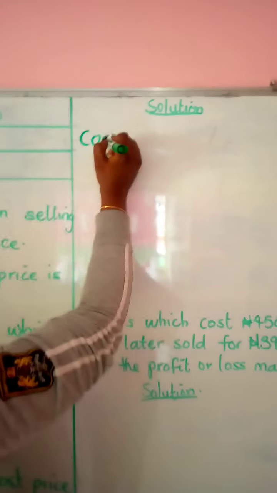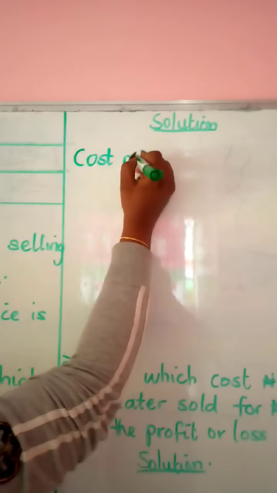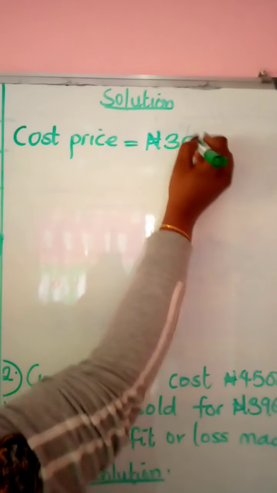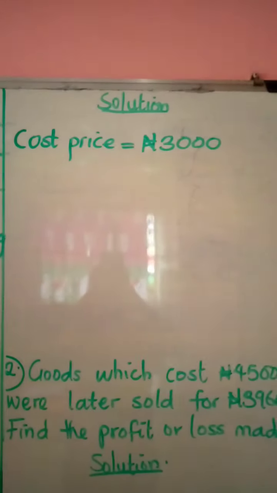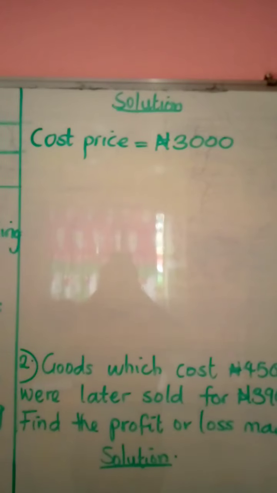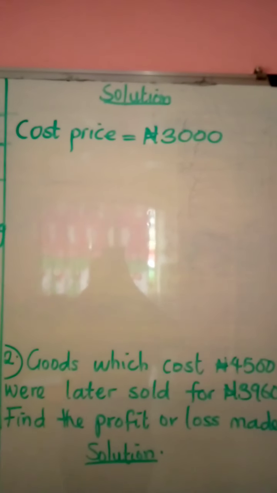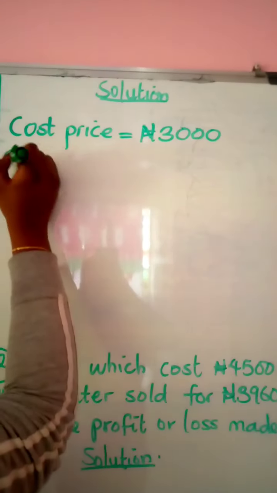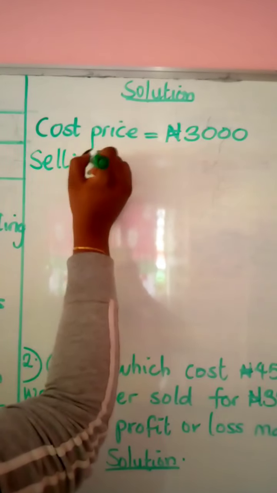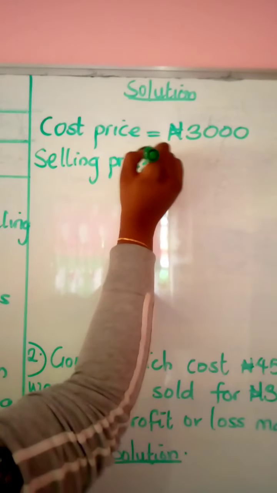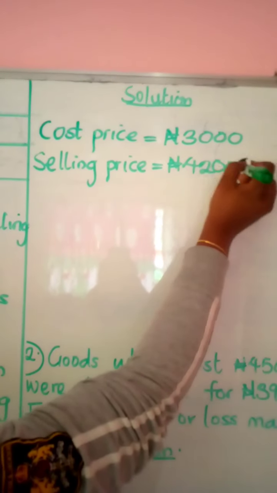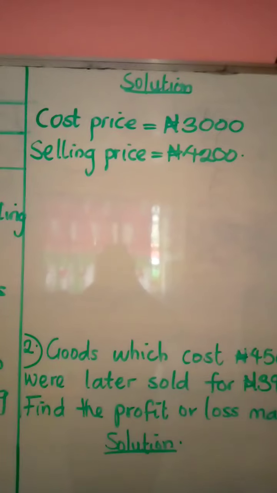So I bought my goods at 3,000 naira and sold them for 4,200. So selling price is 4,200.